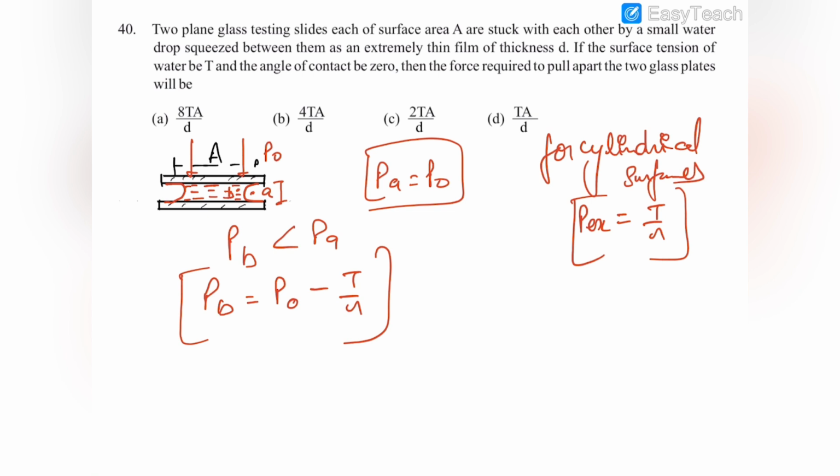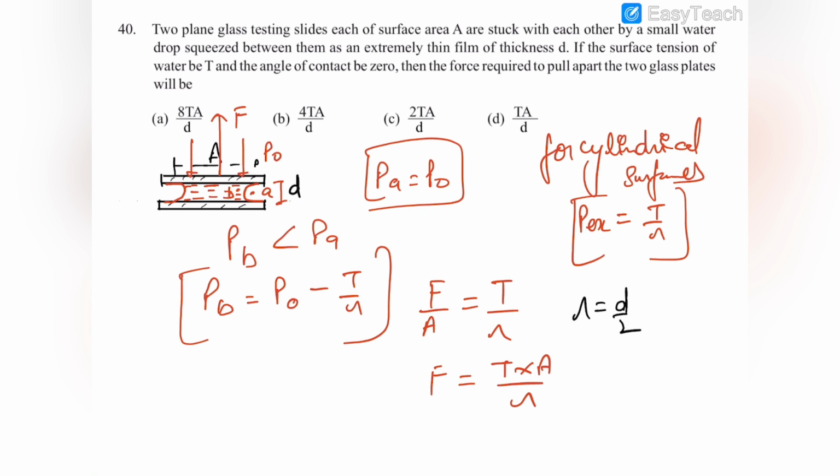So the inner pressure is less, so we have to apply some force F. So F upon area would be the difference of P naught and P naught minus T by R. So this is T by R. So the force which we will apply would be T into A by R. Now R is the radius, and the separation between these two is given as D. So radius would be D by 2, the radius of this cylindrical film.